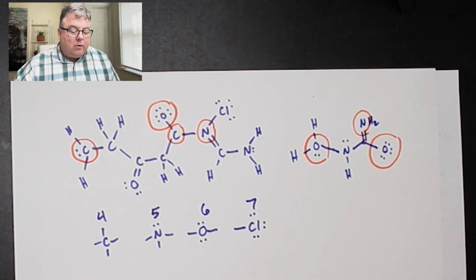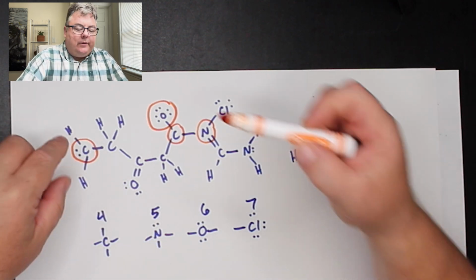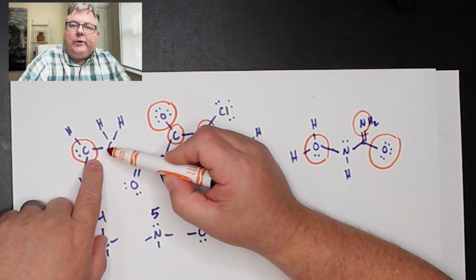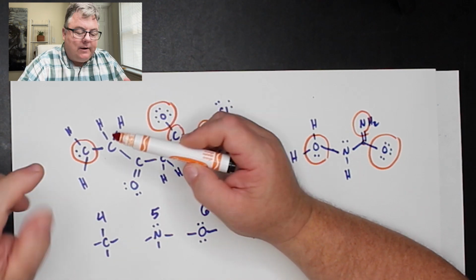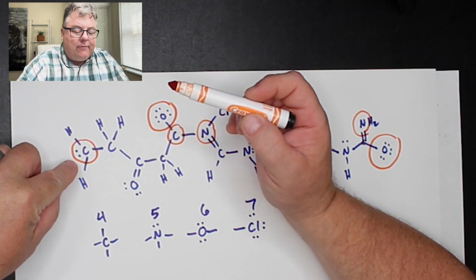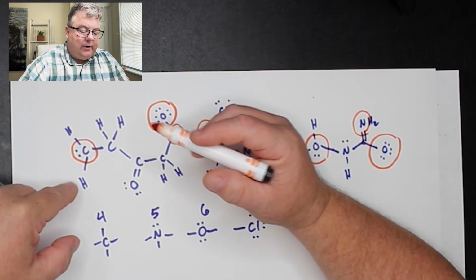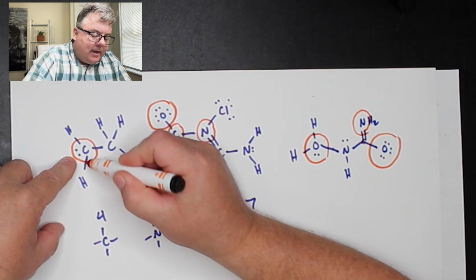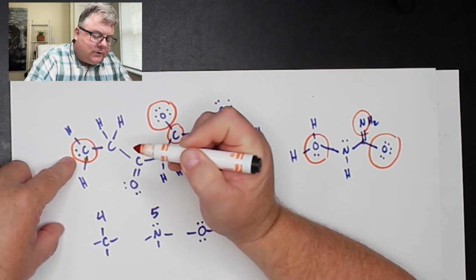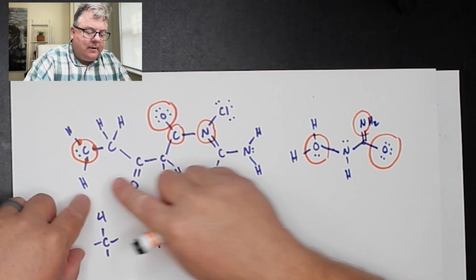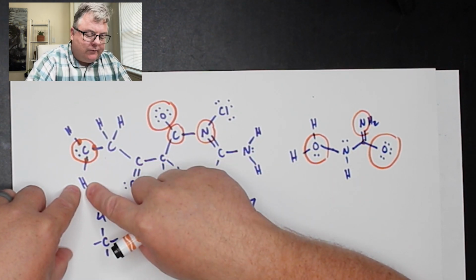So here's how we do the formal charges. What I do is for every bond, 1 electron goes to each of the atoms. So I'll count 1 negative electron for each of those atoms. And if there's a lone pair, those go directly on that atom. So for instance, this carbon has 1 electron in this bond, 1 in that bond, and 1 in this bond. The other electron of these goes with the hydrogen.